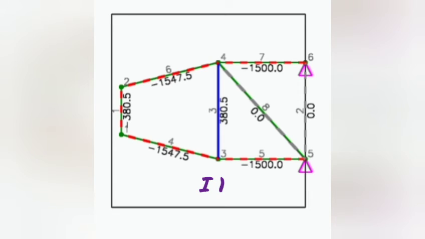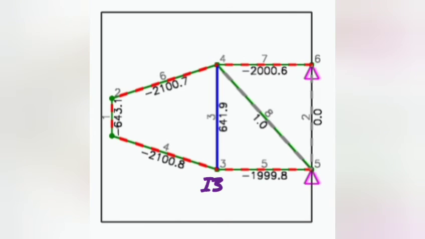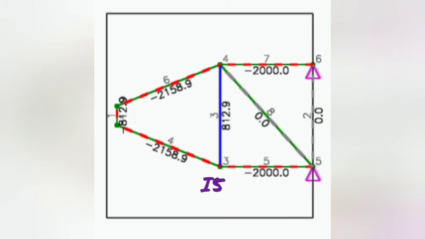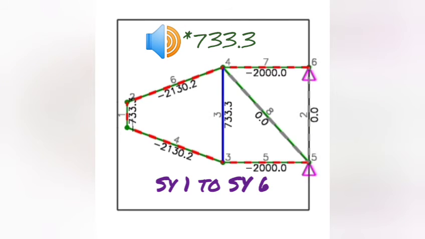After running the process, the stress flow tends to become like this. This is for the two point load cases for I1, I2, I beam section 2, I beam section 3, and so on. SY1 until SY6 is fixed at 233.3 as shown in the table.